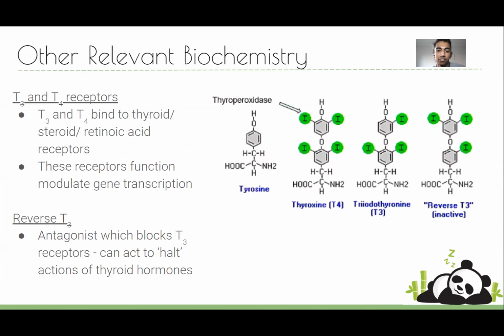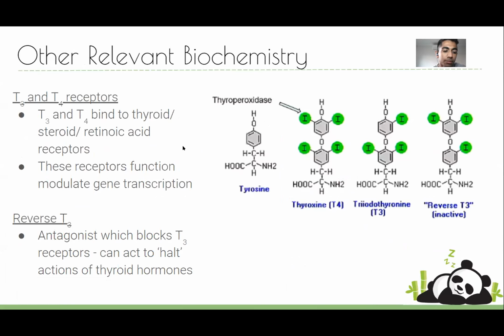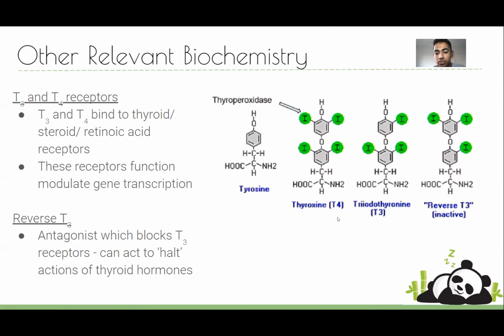Okay, other relevant biochemistry. T3 and T4 mainly act on their thyroid receptors, also known as steroid or retinoic acid receptors, and they affect gene transcription. That's how they have their effects. We can also have reverse T3. So we can see we've got our normal tyrosine molecule. We add our iodine molecules and either get thyroxine, which is T4, or triiodothyronine, which is T3.